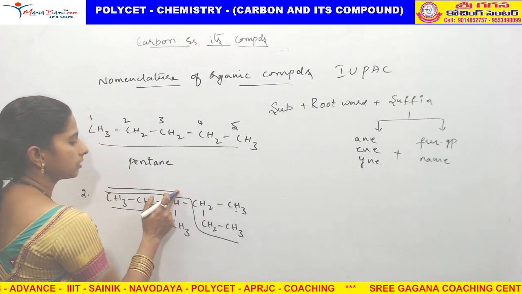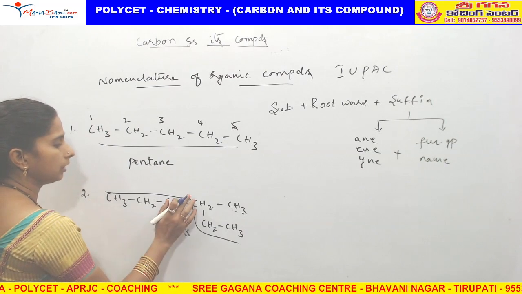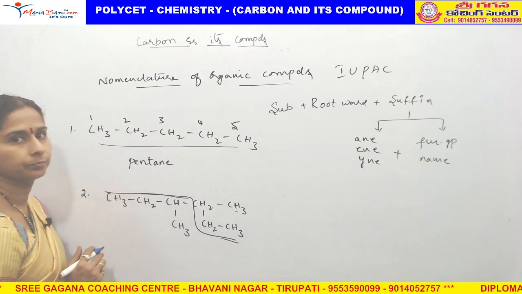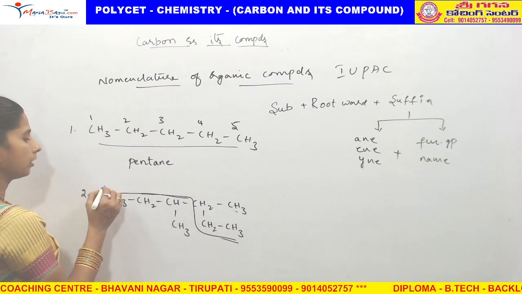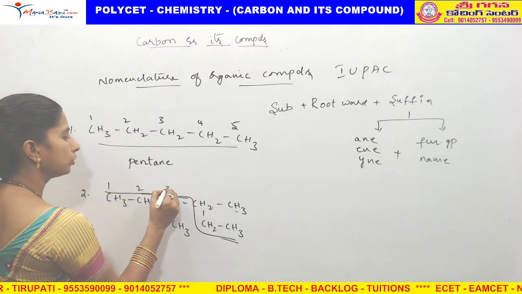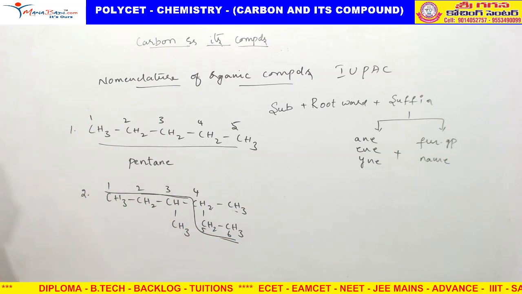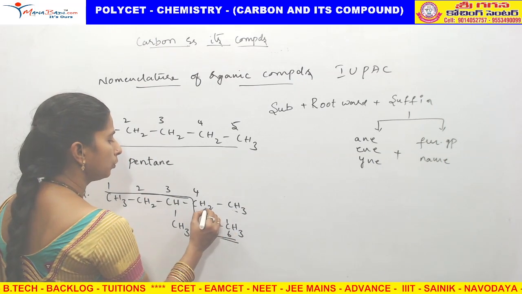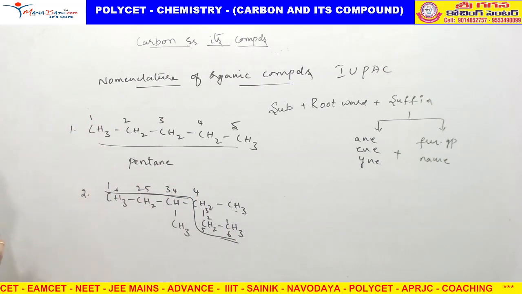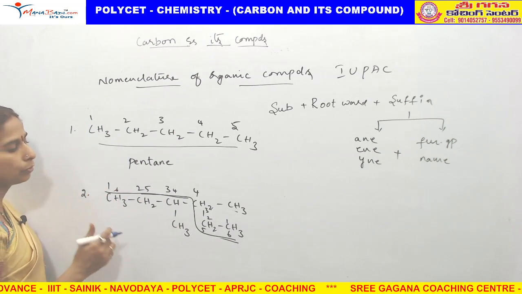Ma'am, that is not in a straight line. No problem. What matters is that the link is there. So numbering, two ways are there here: 1, 2, 3, 4, 5, 6 one way, and another 1, 2, 3, 4, 5, 6. Apart from the parent chain, are there any other groups?